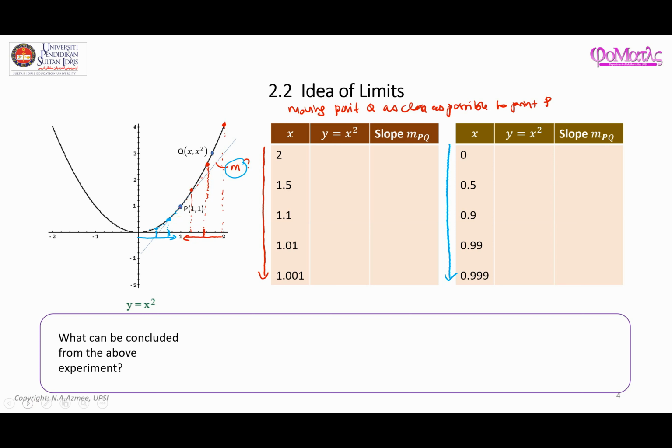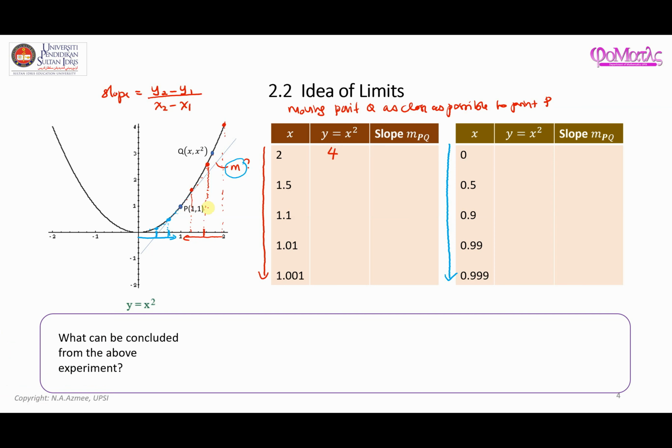For the first one here, when x is equal to 2, you will see that the value of y is going to be equal to 4. And how do you find slope? Again, slope is just y2 minus y1 over x2 minus x1.